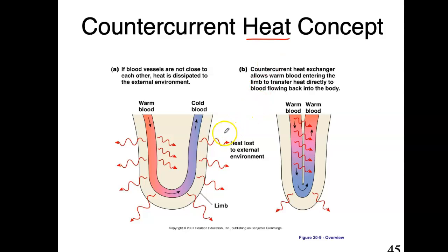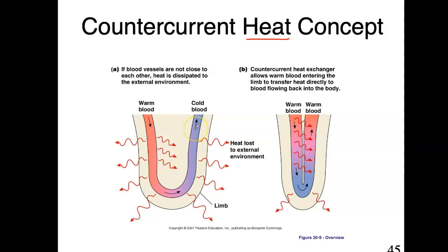Imagine an anatomical structure where you had blood vessels bringing warm blood down to a limb, to a finger, let's say. And then it twisted around and these little veins were getting cooler and cooler because this warm blood is disseminating heat through this finger. And as it goes climbing back up into the heart again, it's going to be cooler and cooler. You lose a lot of heat that way.